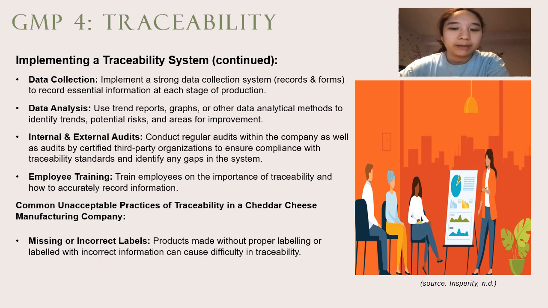Moving onward, I'm going to talk about some common unacceptable practices of traceability that can be found in a cheese manufacturing company. First and foremost is missing or incorrect labels. Products that are made without proper labeling, or labels that contain incorrect information, can cause difficulty in traceability.